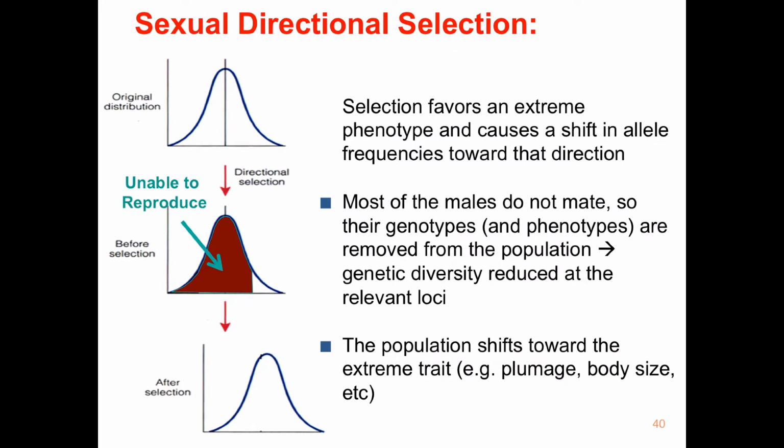When this occurs, and when females are able to select which males are successful, and they select based on a certain trait, you can have massive selection that removes most of the males from the breeding population, and only a few of the males with the most desirable trait will be able to reproduce, and it will move the entire distribution very far to the right.